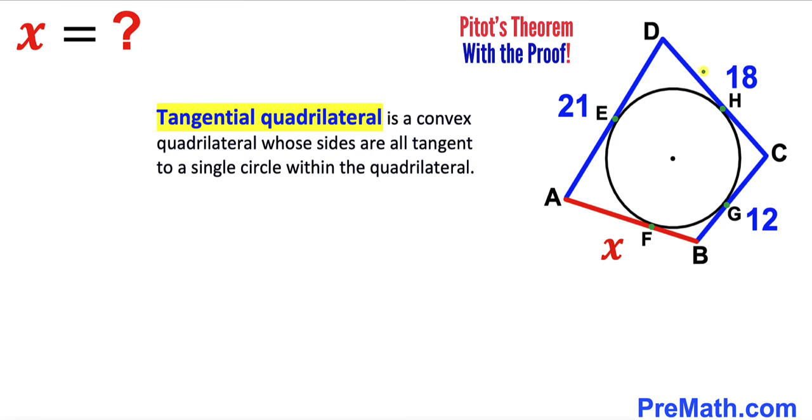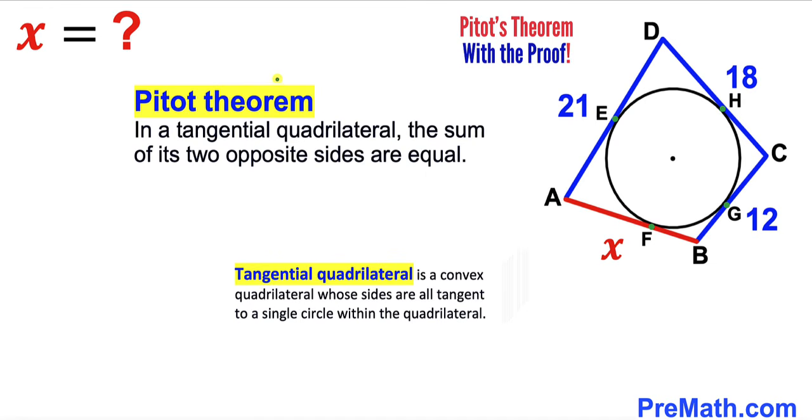We can see all the sides of this quadrilateral are tangent to this circle inside it. These points E, F, G and H are the points of tangency. Moreover, we can see that this is a convex quadrilateral. In other words, all the angles of this quadrilateral are less than 180 degrees.